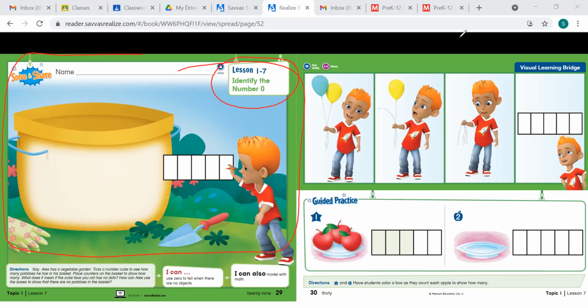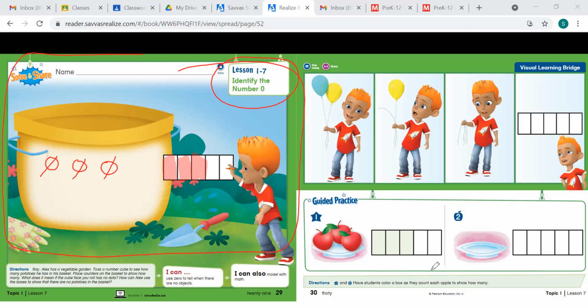So if we show this many counters, how many potatoes are there in his basket? We count the number of counters. 1, 2, 3. And then we fill in these rectangles to show how many potatoes are in the basket. And there are 3.